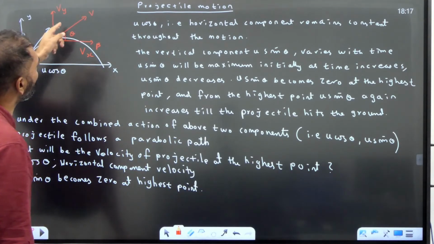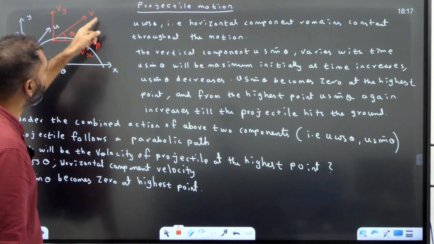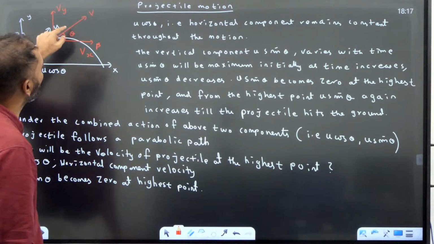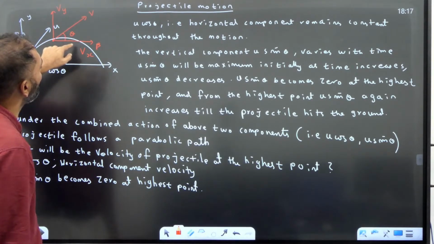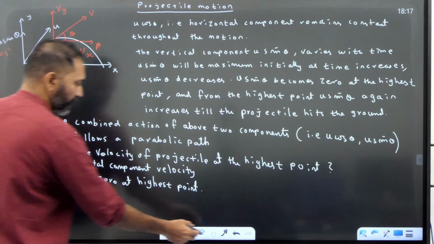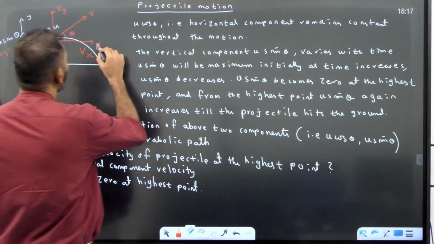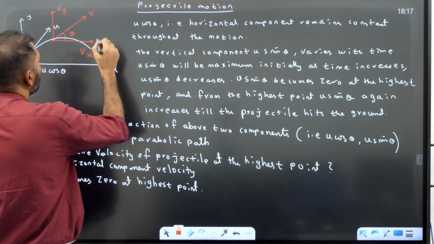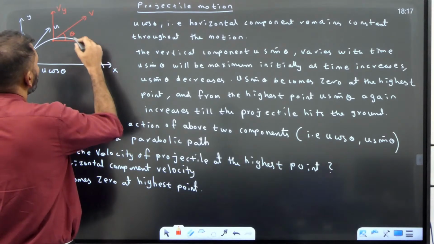At any later time, let the velocity of the projectile be v. Then at that time, the velocity is at an angle with the horizontal, not theta. This is vx.